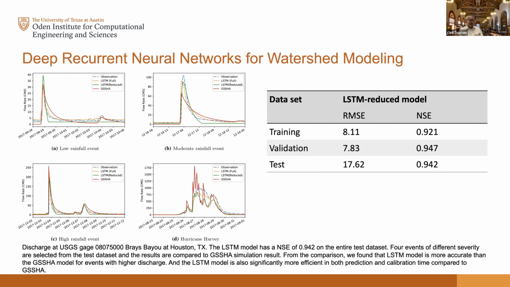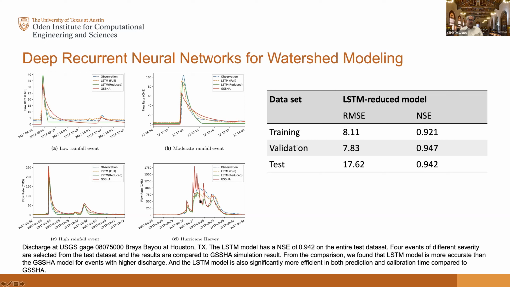For a low rainfall event, all of them did pretty well: the observation, a memory-intensive LSTM, a more reduced-memory LSTM, and a physics-based model, GeoClaw. For a moderate rainfall event, we start to see some discrepancies, especially with GeoClaw, while the machine learning is still doing pretty well. For a high rainfall event, GeoClaw tends to overpredict like it did before, and the machine learning algorithms both did pretty well.